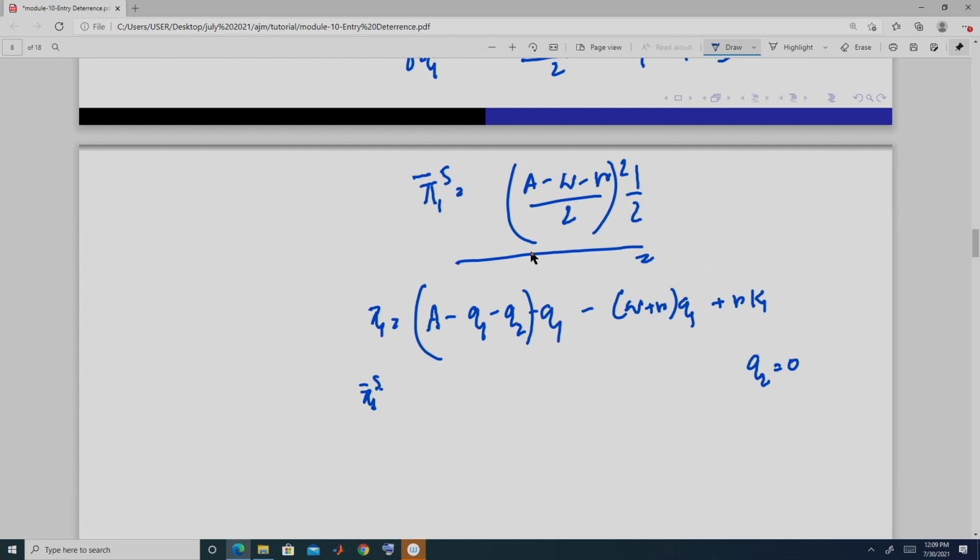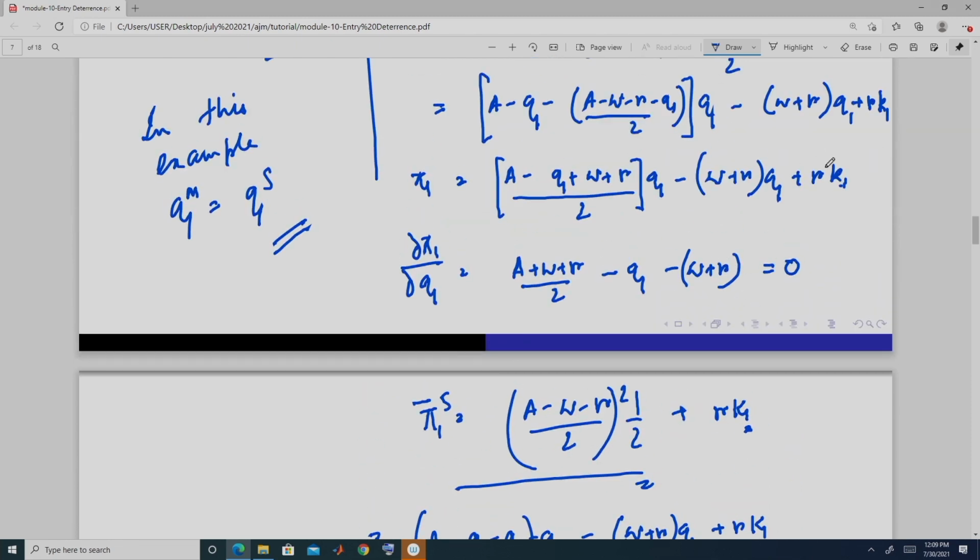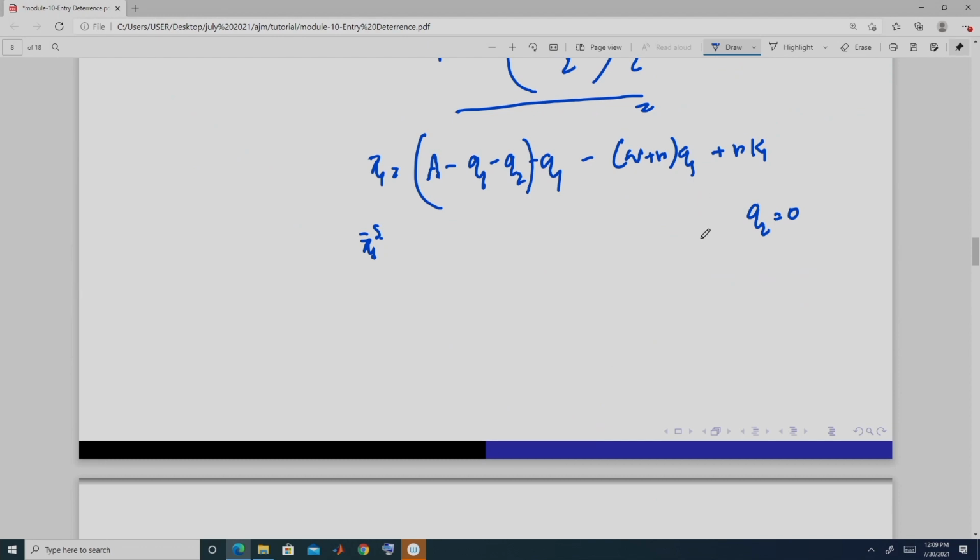Okay, so here I can write this in terms of this also, if we strictly follow this here, then we will get this.